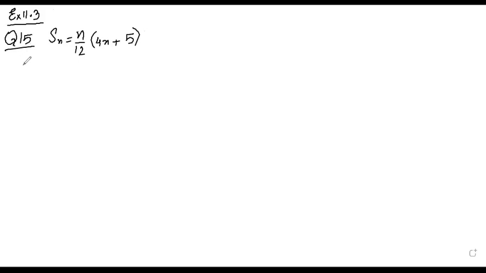So now S1, which is basically, we can call this as A. S1 is equal to 1 upon 12, 4 plus 5. So this will become 9 upon 12, which will be equal to 3 upon 4. That's right.